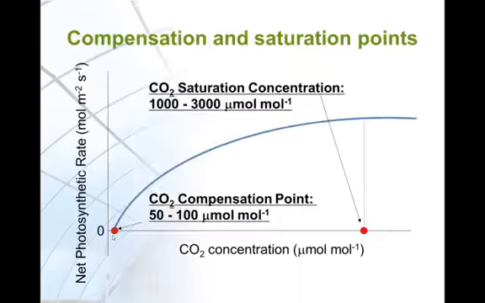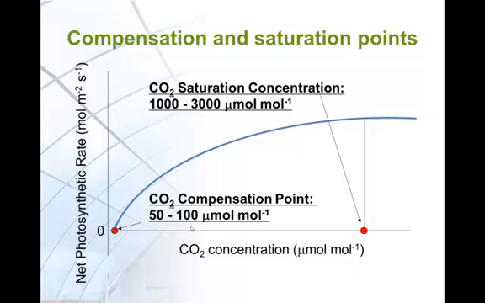And that response can be characterized by two parameters. One is the CO2 compensation point, the other one is the CO2 saturation concentration. The compensation point gives zero net photosynthetic rate, so below that you wouldn't get a positive net photosynthetic rate, as respiration exceeds photosynthetic rate.